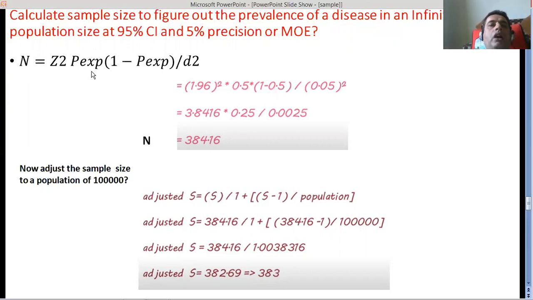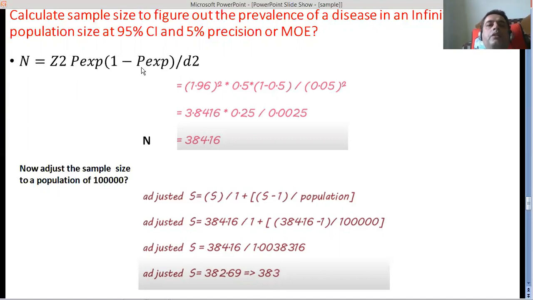Okay, so at 95% confidence interval, as we have seen in the table before, and you can check it again in the table, the Z value for 95% confidence interval is 1.96. So you just put 1.96 instead of Z, 1.96 squared, okay?